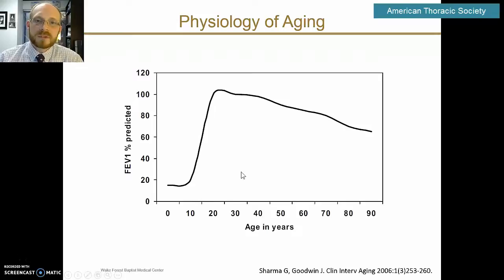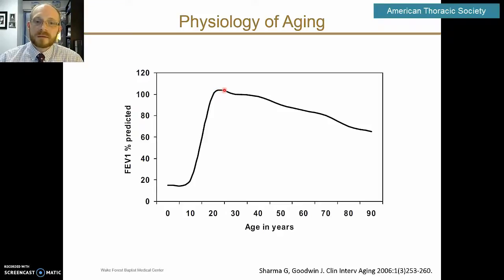This graph demonstrates another way to look at the changes with aging, focusing on the FEV1. This is a graph of the FEV1 percent predicted over a person's lifespan, normalized to 100% being that individual's FEV1 at age 20. So you can see early in life, certainly during childhood and teenage years, a person tends to grow and their FEV1 increases.